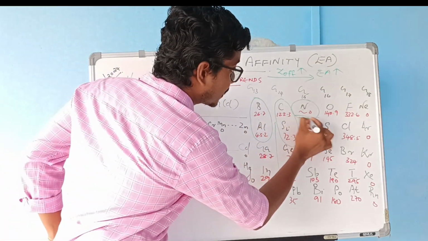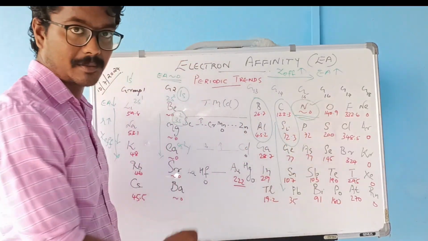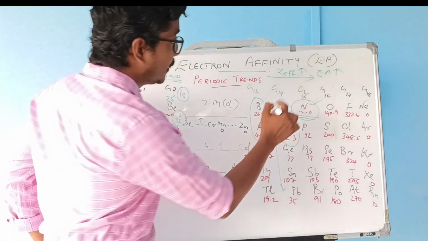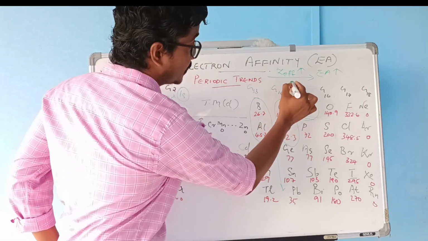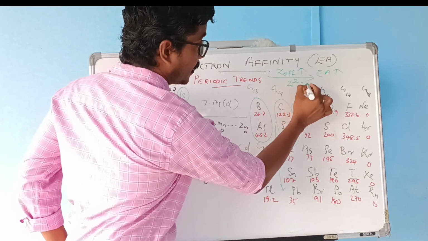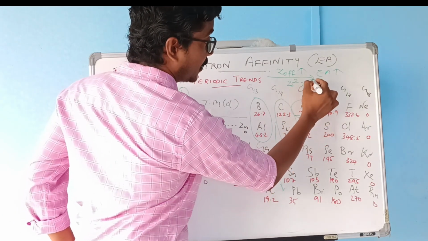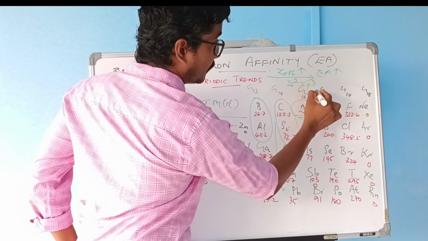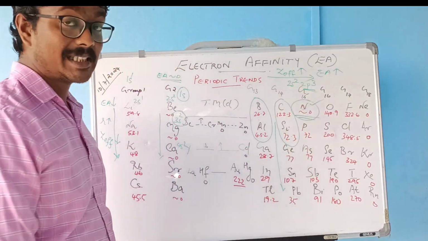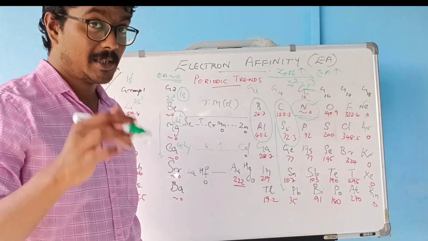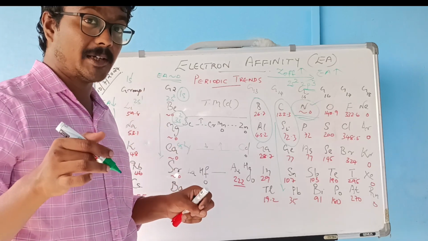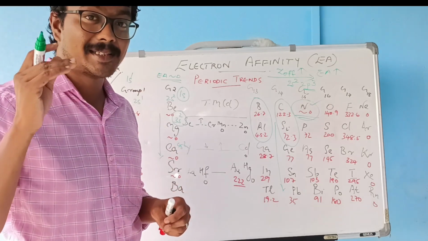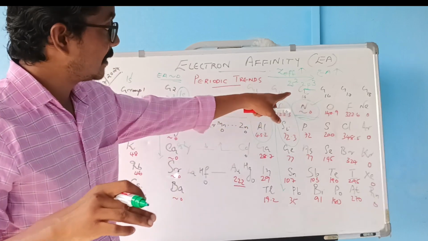But what is the speciality of nitrogen? We all know that the valence shell electronic configuration of nitrogen is 2s2 and 2p, what? 2p3, which is a half-filled electronic configuration. Remember, in the case of group 2 elements, a fully filled electronic configuration has nil electron affinity.